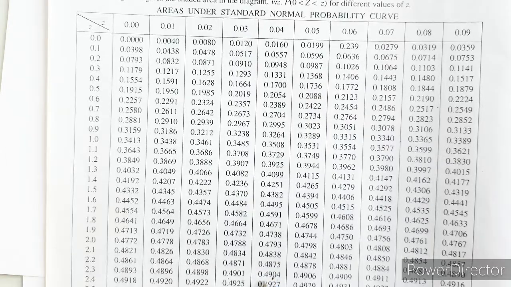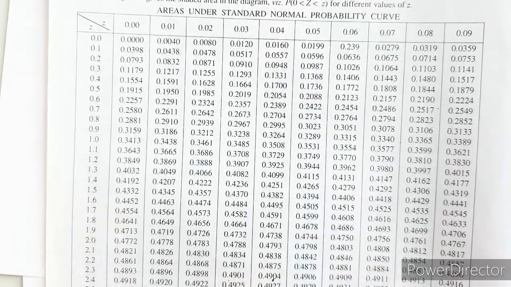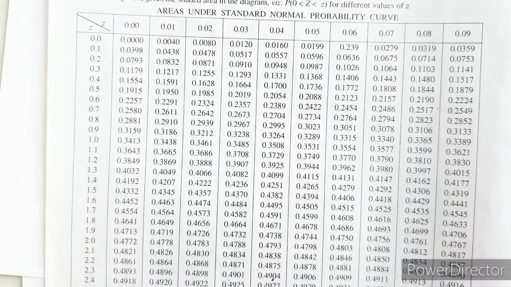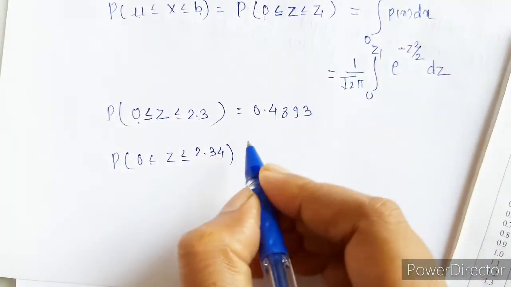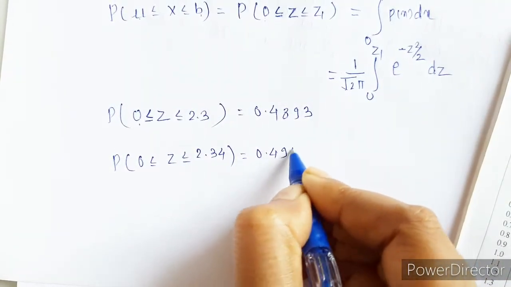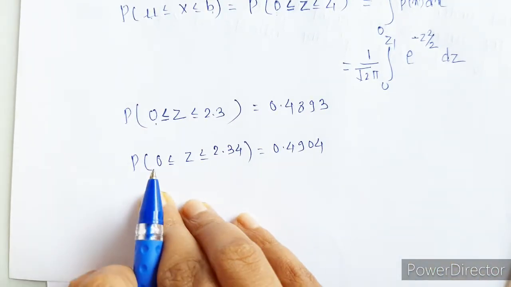This is the area, 0.4904. So 2.3 plus 0.04, that is 2.34, is nothing but 0.4904.